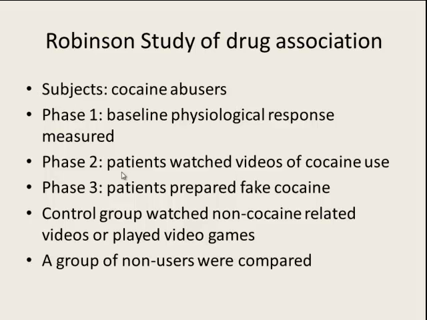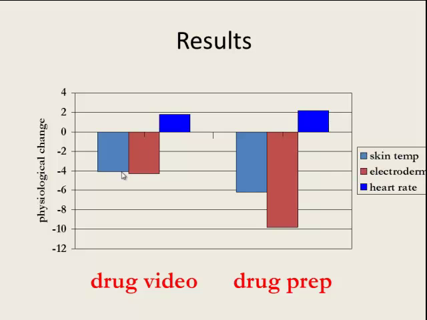And then they were measuring their autonomic responses. And so what you see here is when they watch drug videos, we see electrodermal and heart rate responses: skin temperature and electrodermal responses decrease, as a compensatory response, but heart rate increased.